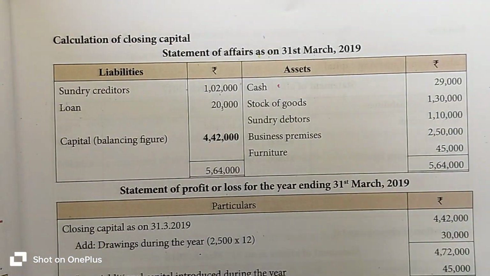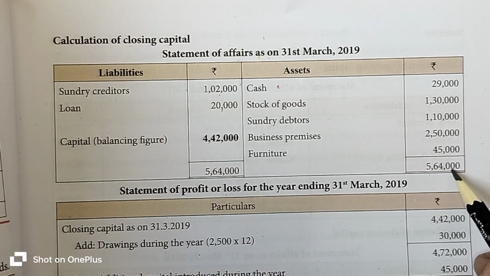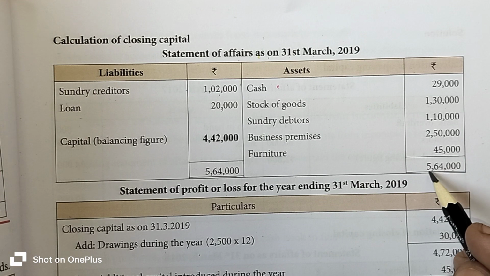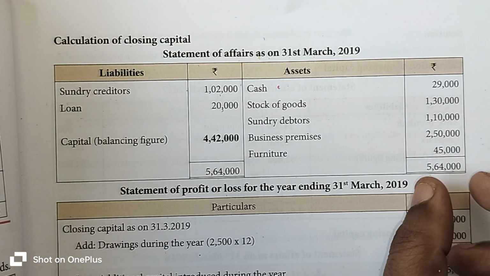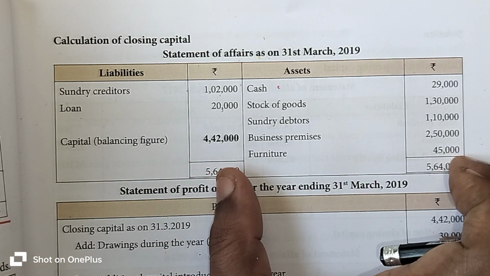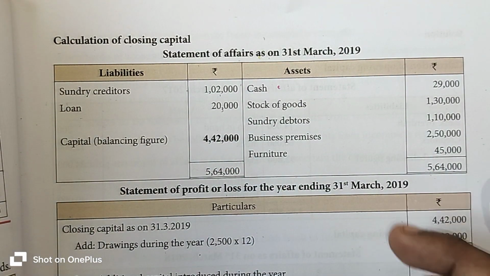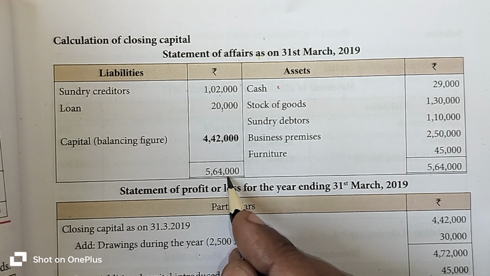The asset side has the higher value, 5,64,000 rupees. So we consider 5,64,000 as the total. Total is always entered on both the liabilities and asset sides, right? So in the same horizontal line you have to enter 5,64,000 as the total on the liability side.